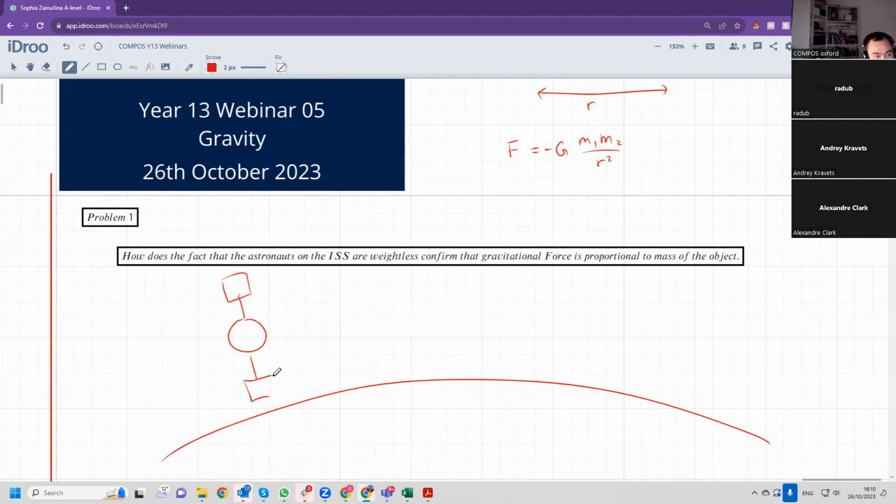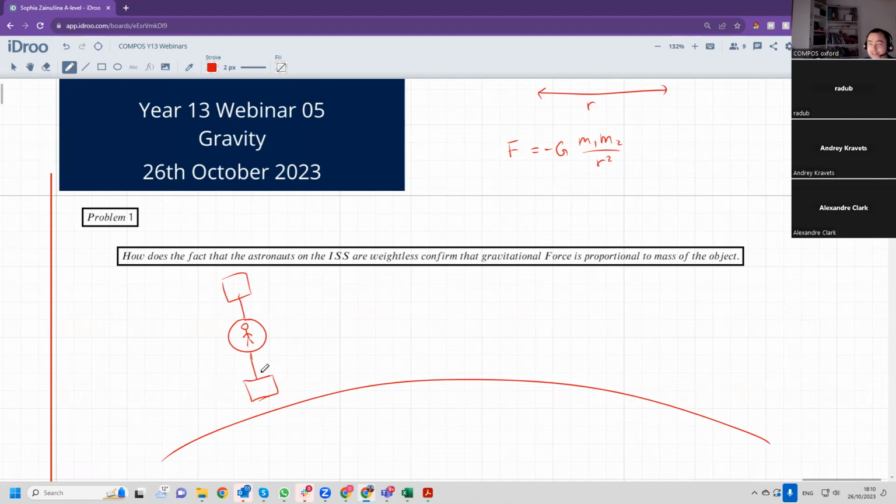Not a very accurate representation, but inside the space station there's an astronaut, and the astronauts are weightless. Why do we say that they are weightless?